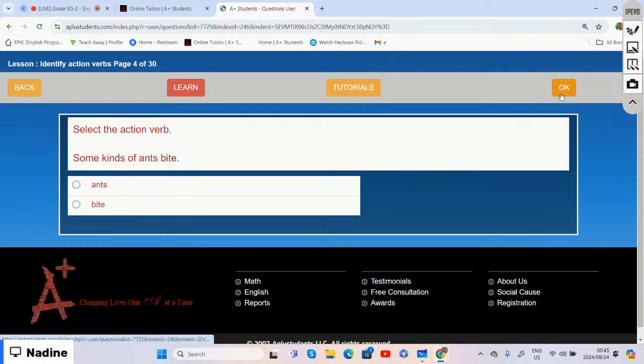All right. Some kinds of ants bite. We need to choose the action. Is it ants or is it bite?